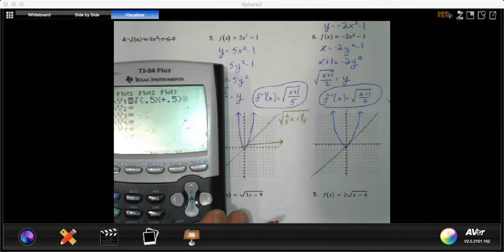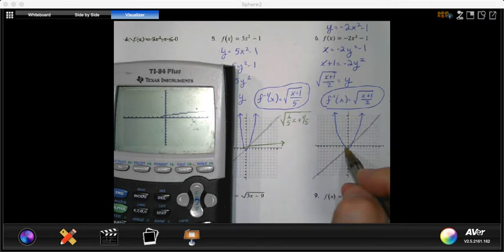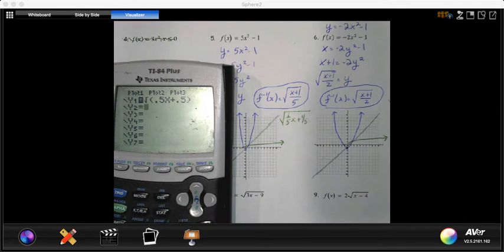Oh, you probably can't see. And that's going to be this guy. So start there and then tail it right there. So that's what it looks like without restriction. So if I graphed both of them, oops, I missed the negative.